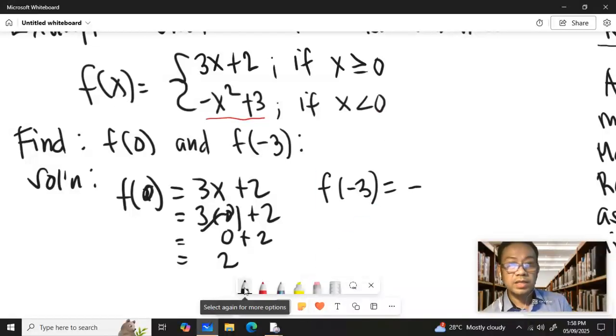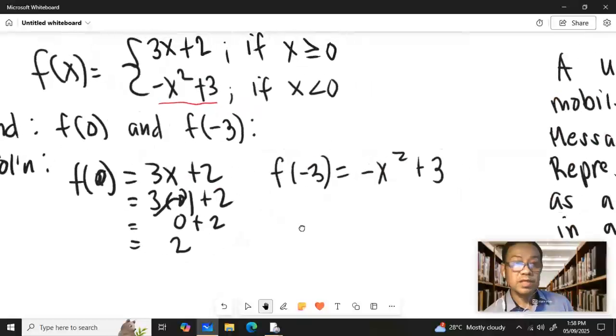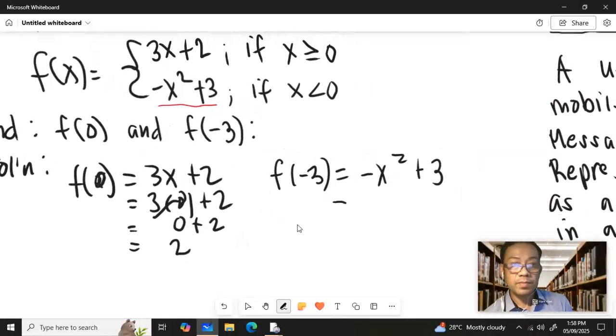Okay, we have negative x squared plus 3. Now, we will substitute negative 3 to x. So remember, don't forget to include the negative sign. Then we have negative 3 raised to 2 plus 3.